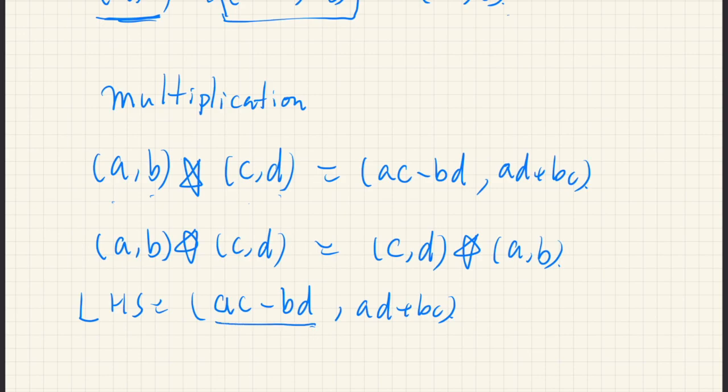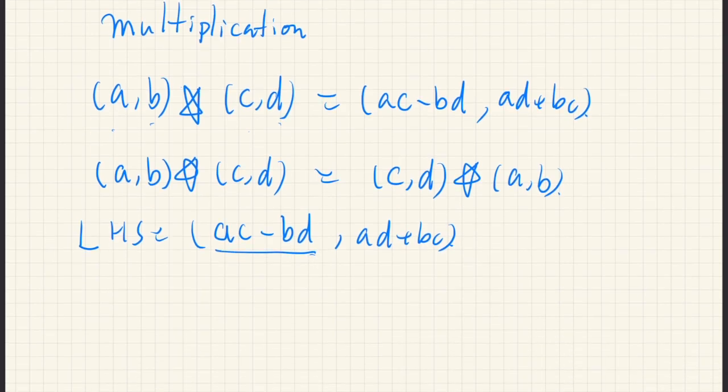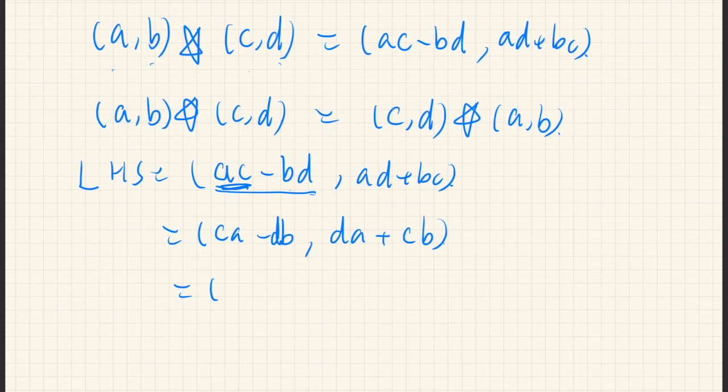But this is just multiplication and subtraction of real numbers, and multiplication of real numbers is commutative. So ac is ca and bd is db, and ad is da and bc is cb. But this is the definition of multiplication between (c, d) and (a, b), which is the right-hand side. Therefore, it is commutative.